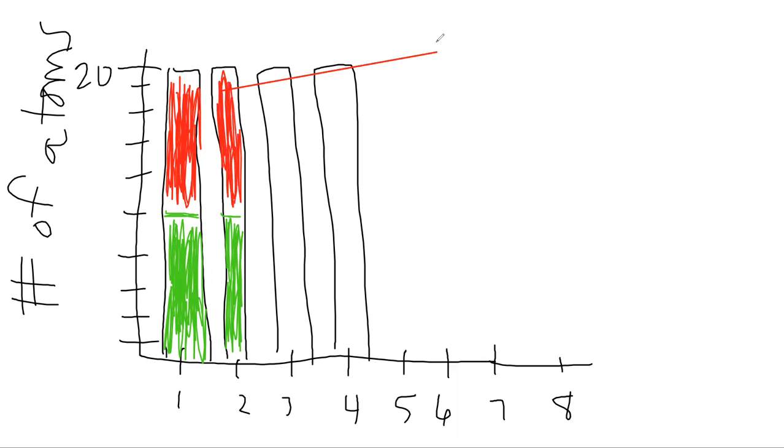But then in round 3, I only had 5 green left. So now my 5 will be down here with my green ones that were still left, that were still radioactive. And my red, now I have 15. And so this is what you're going to do. You're just going to continue doing this until you get to all 8 rounds.